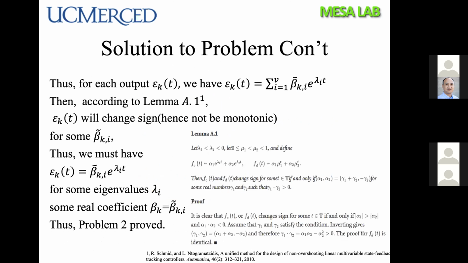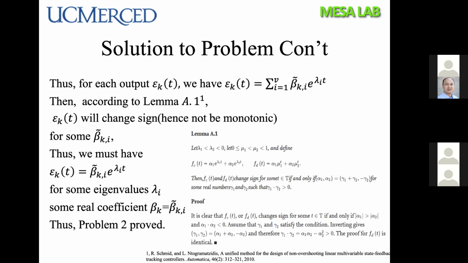So thus, for each component epsilon_k(t), it looks like this one, and according to Lemma 8.1, if epsilon_k(t) is a linear combination of two or more negative real exponential functions, it will change sign, and hence not be monomial for real values of the coefficients beta_k.